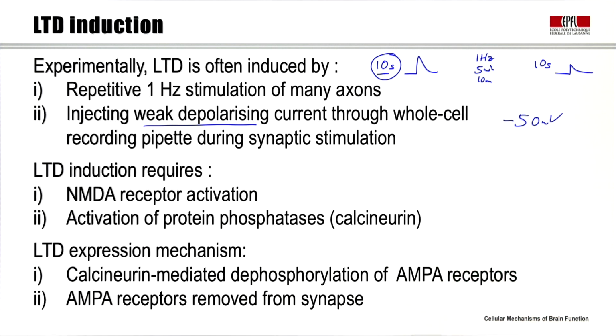It's also known that the activation of protein phosphatases is essential for long-term depression, and in particular, the protein phosphatase calcineurin is essential for long-term depression.